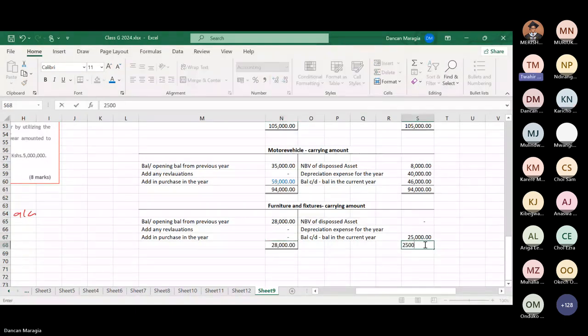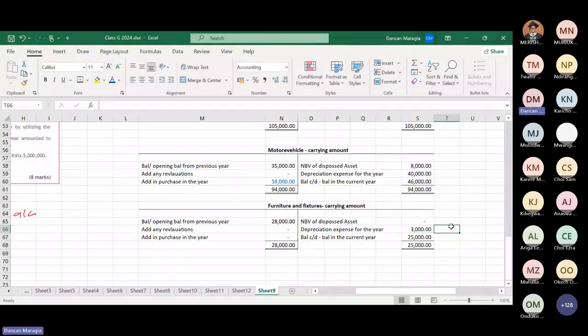The depreciation. Sorry, Mwalimu, that's 28 million. Yes, the figure below there is 28, not 25. 3 plus 25, 28, the higher figure. So the depreciation is 3 million.